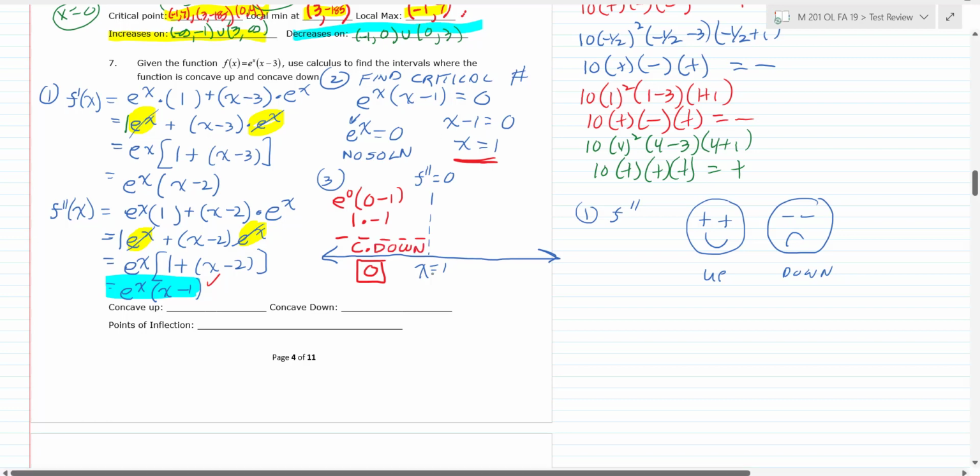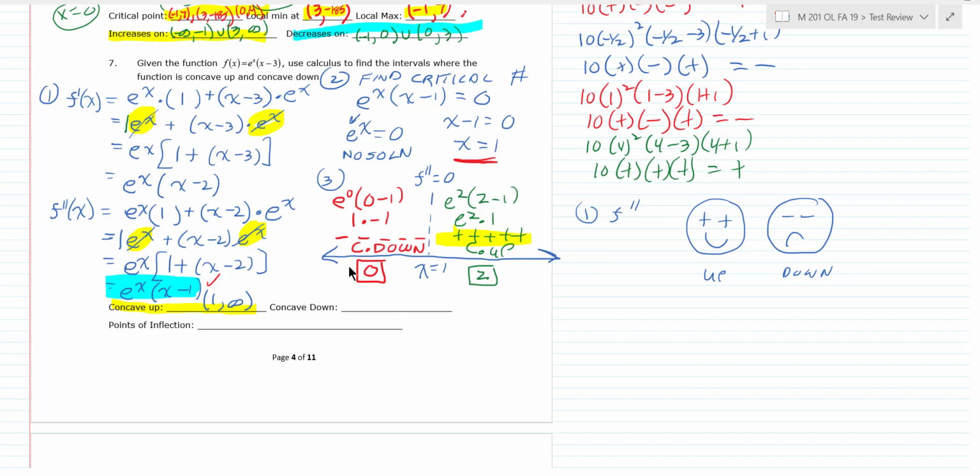Okay, pick a test point bigger than 1. Let's keep it simple and go with 2. Plug into your second derivative. You'll have e to the second times 2 minus 1. That's e to the second times 1, which is a positive number, and that will give you where you're concave up. All right, then we just write our conclusion. Concave up is where the second derivative evaluated is positive, so that is going to be from the critical number 1 to infinity.